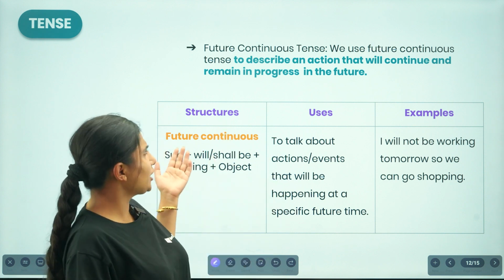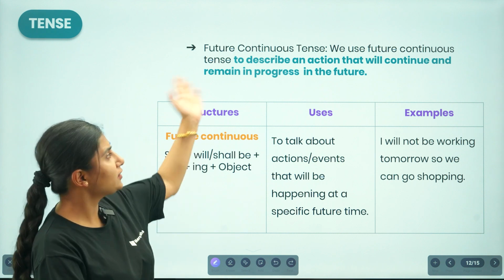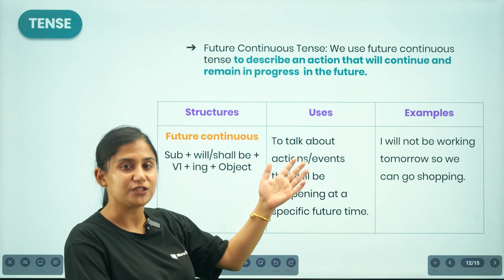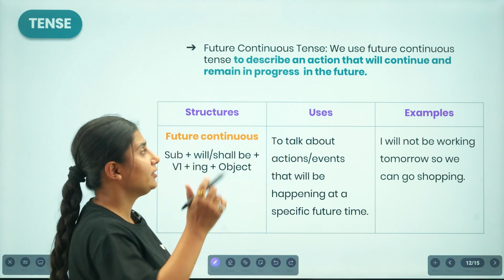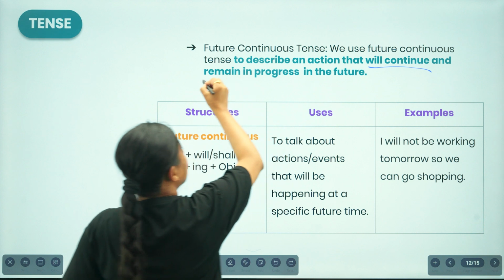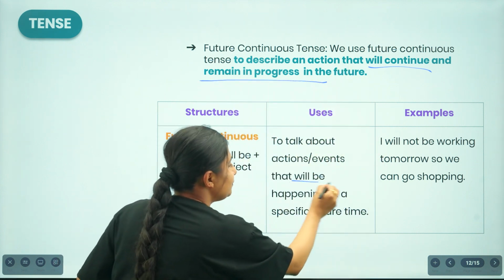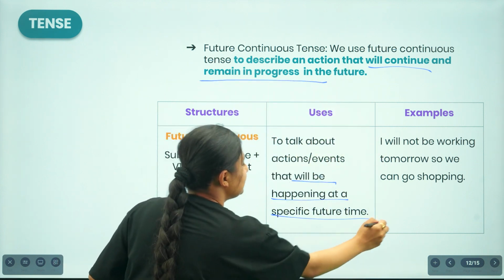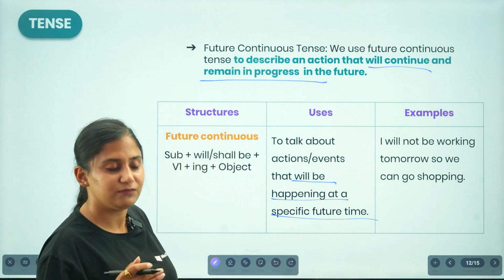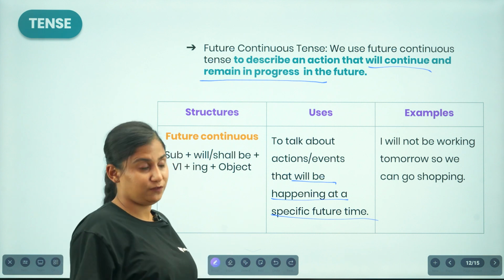So talking about the future continuous tense, it describes an action that will continue and remain in progress for a shortened period of time in the future. It will be happening at a specific time in the future.